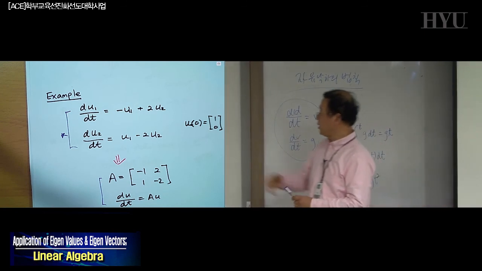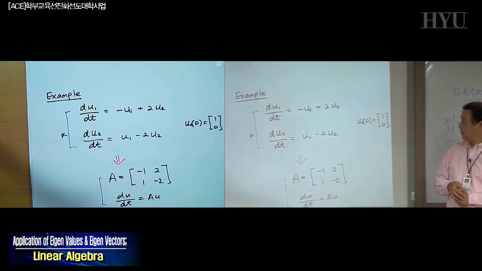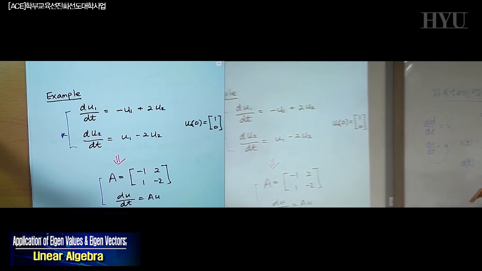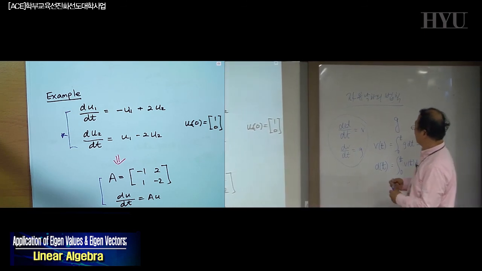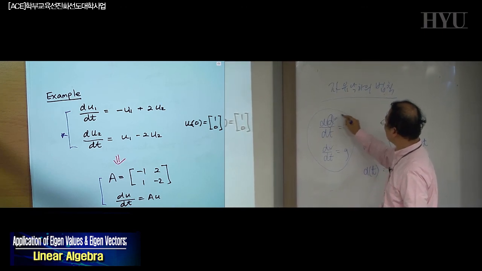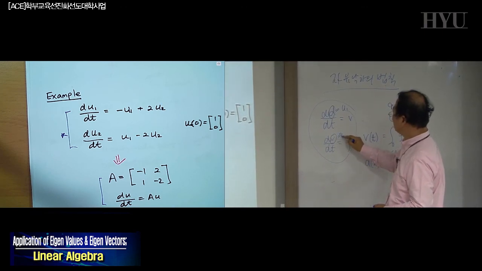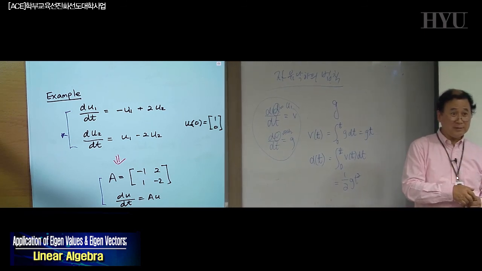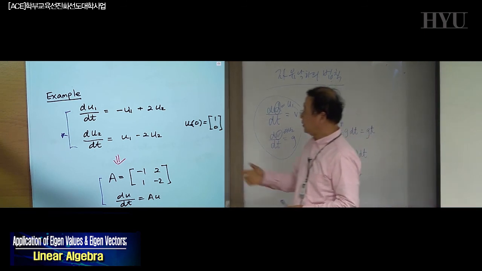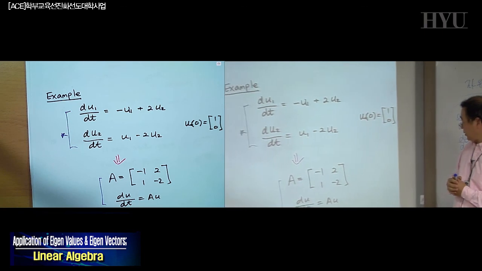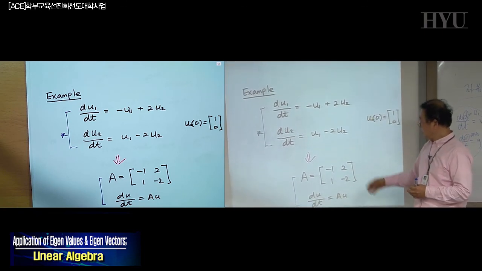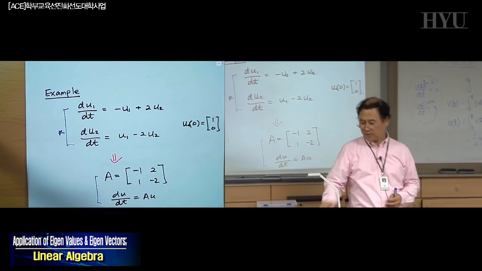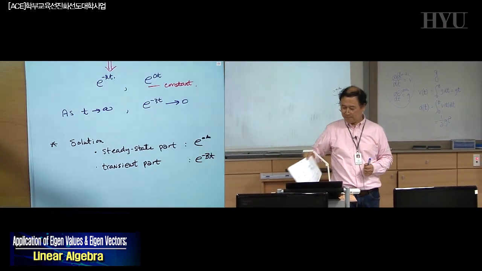So this is a case when you have two variables, two-dimensional. Okay, so du1 over dt is -1, whatever these things. So even here you can say, I say this is u1, I say this is u2, right? You can do that way, right? So this is an example of differential equations. This is equation form. This is more matrix form. You can represent it as matrix form. This is the way you can represent. Okay.